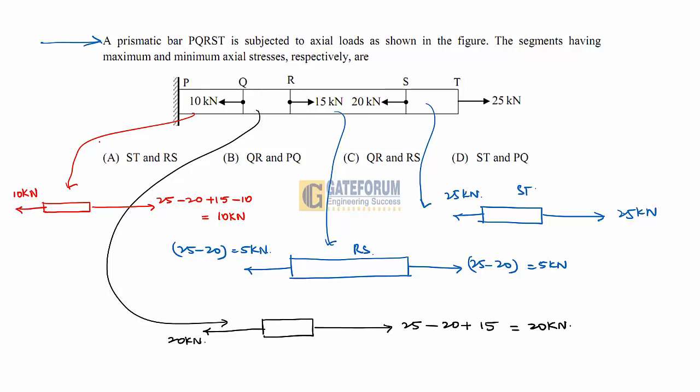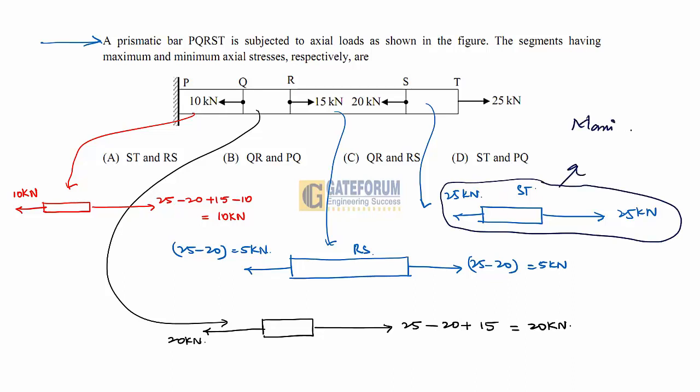So out of this, the maximum and minimum axial stresses: the area of cross section is the same. The one which is going to suffer maximum stress will be ST, and the one which is going to suffer minimum stress is RS.